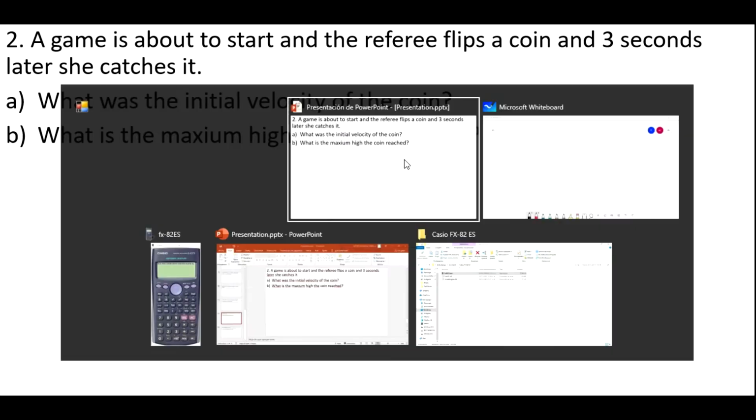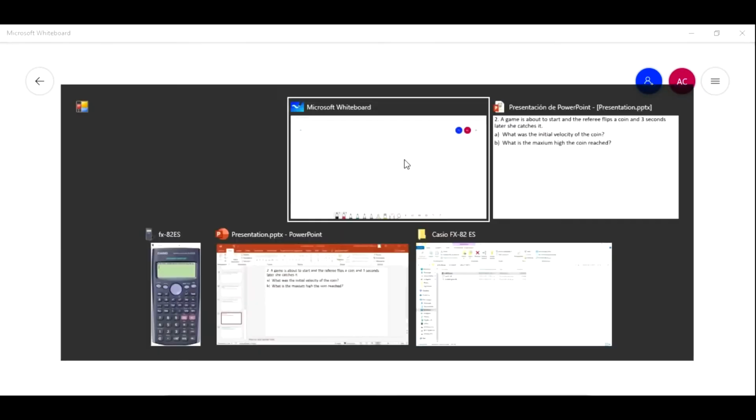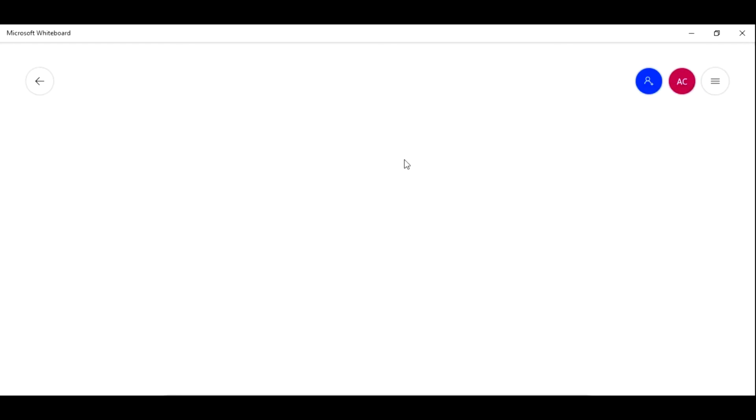So let's make the problem. I like to make the problems over here. Okay, so I'm going to make the drawing. This is the referee. And this is the coin, and she's going to throw it upwards, something like this.